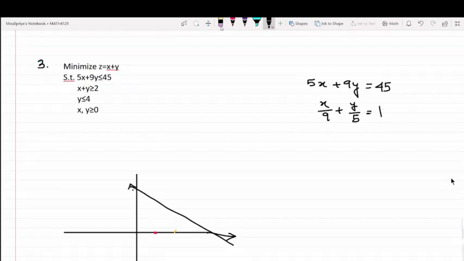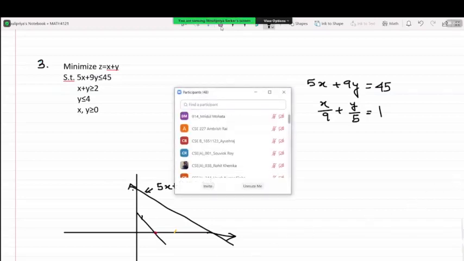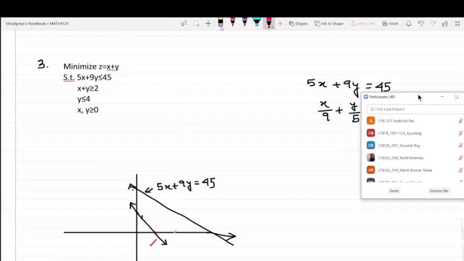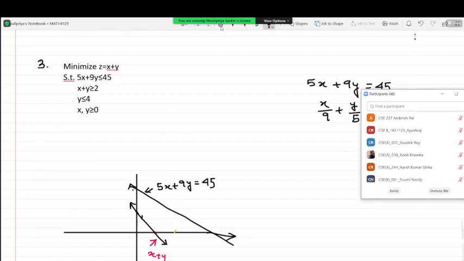This can be regarded as 5x plus 9y equal to 45, and this is x plus y equal to 2.